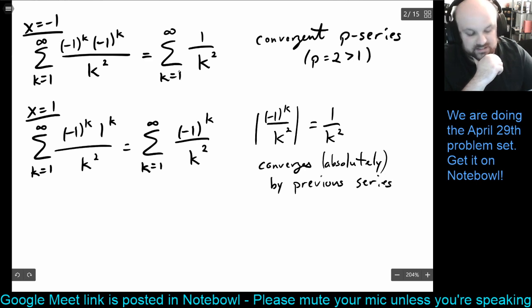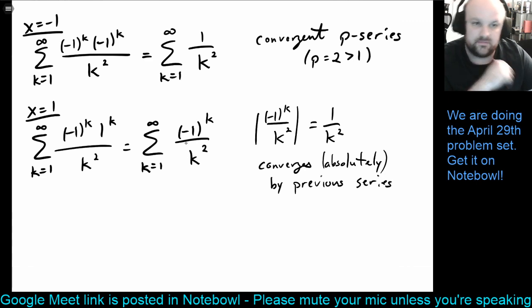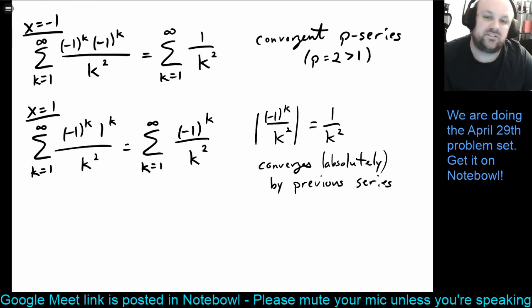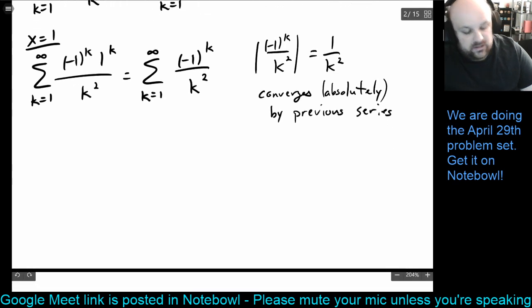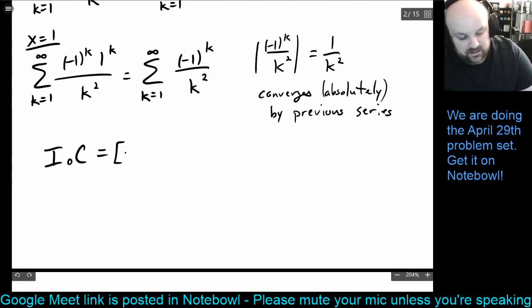Because this one does, this one must also. Remember, absolute convergence implies regular convergence. So the interval of convergence here is the interval from -1 to 1.